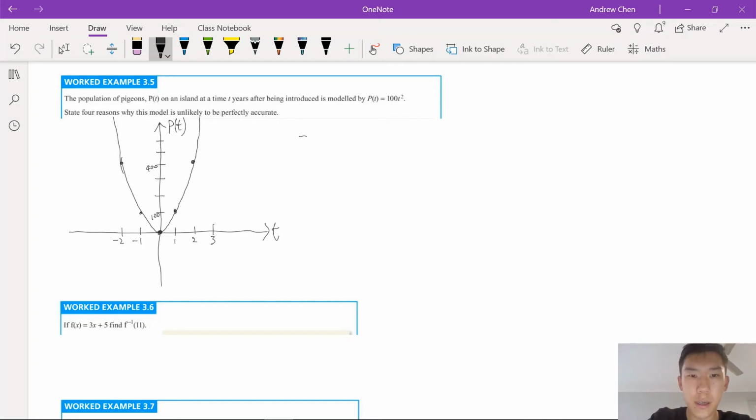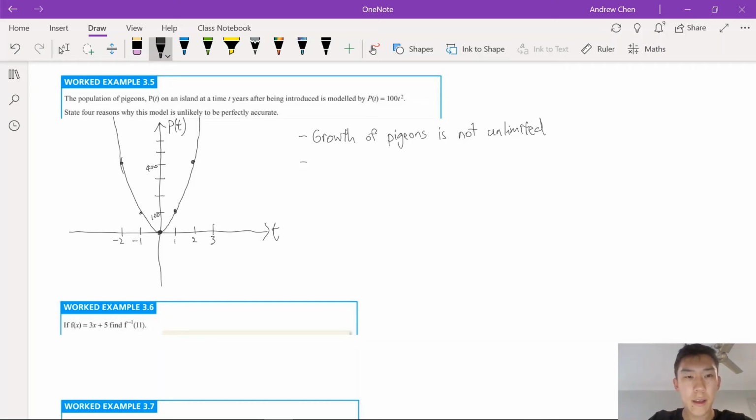So I'm going to say growth of pigeons is not unlimited. So that's one reason that this model is unlikely to be accurate.